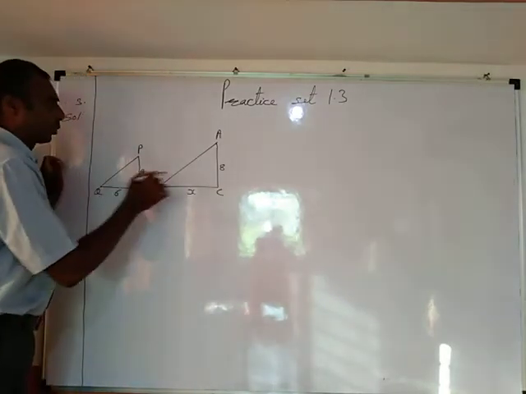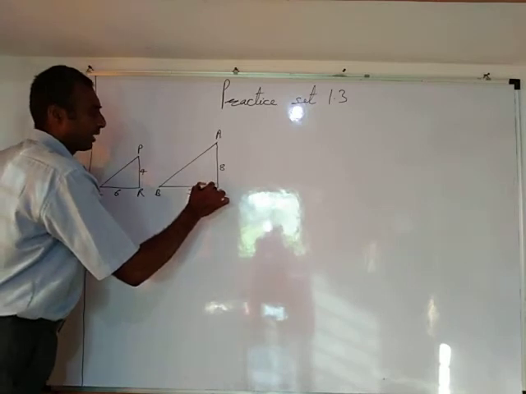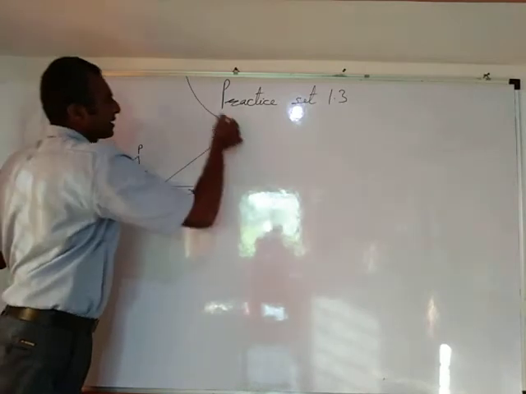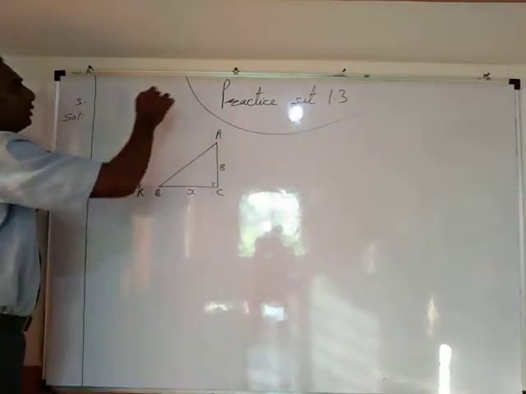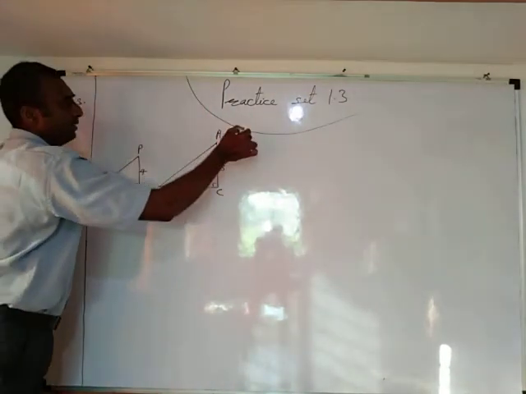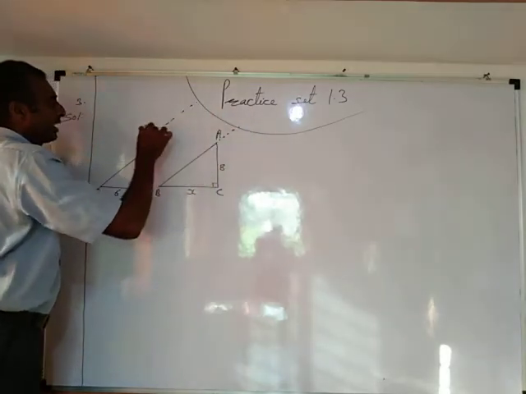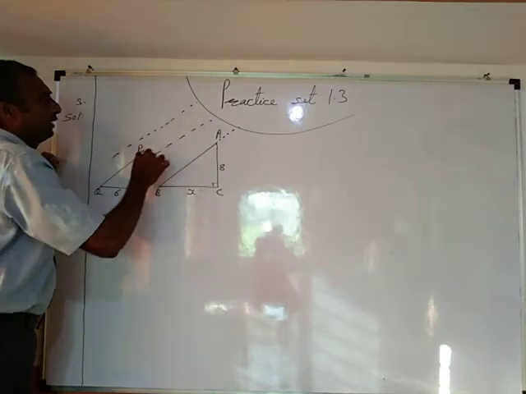Okay. Now we know that poles are perpendicular to the ground. If we consider there is a sun, and we know that as the sun is very far from earth, rays coming from the sun are parallel to each other.